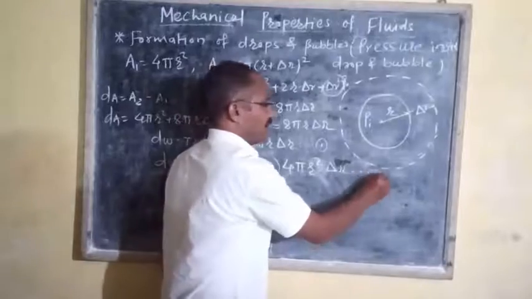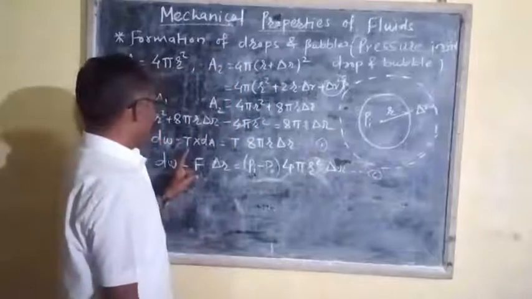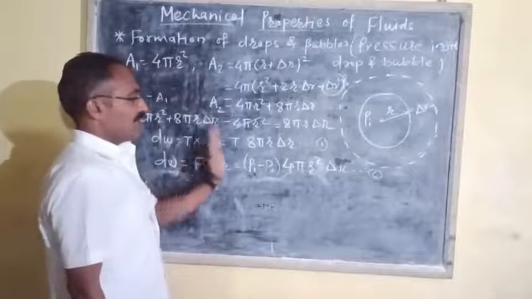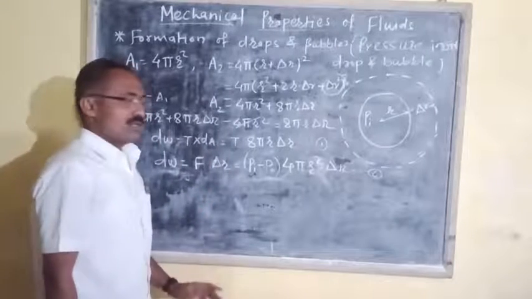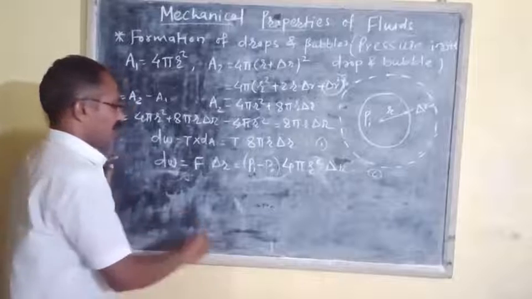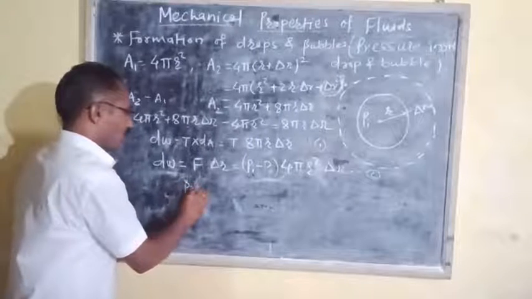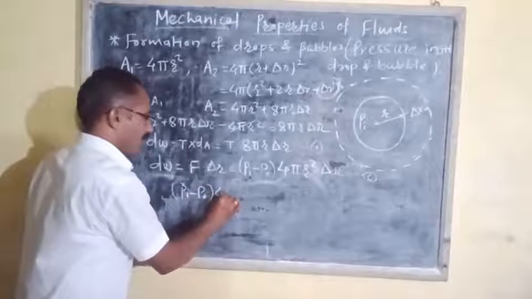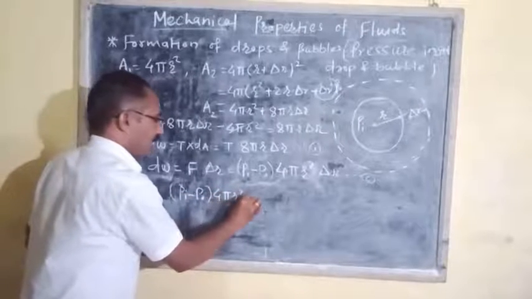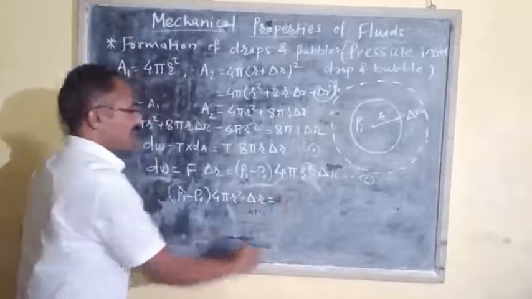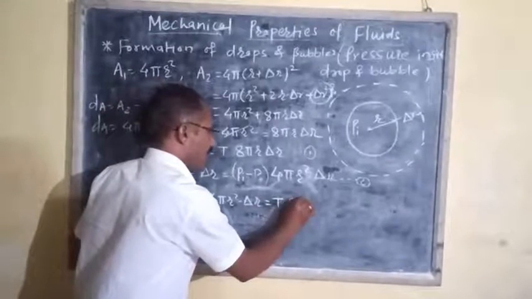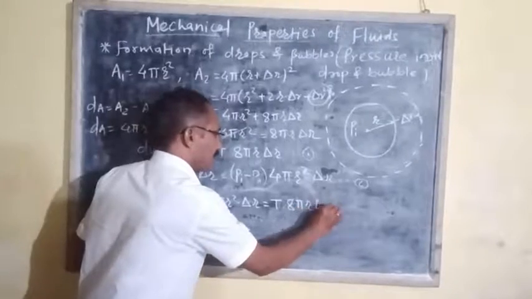This is the work done, that is force multiplied by displacement, increasing its radius. This is equation number 2. Therefore from equations 1 and 2 the left hand sides are equal, so we can compare the right hand sides. We get Pi minus Po into 4 pi r square into delta r is equal to T into 8 pi r delta r.